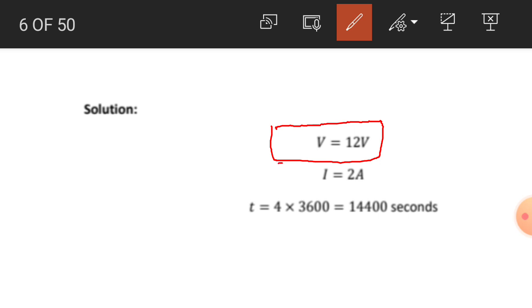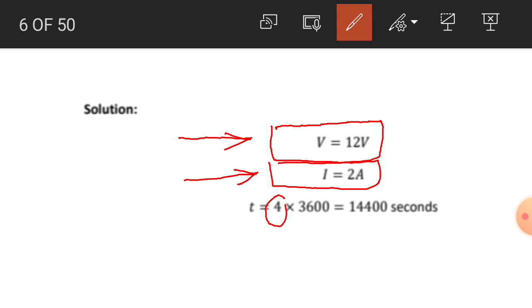And the current which is needed to charge this battery is 2 ampere. So the voltage in this particular case is 12 volt, and the current is 2 amperes. We fully charge this battery in 4 hours.